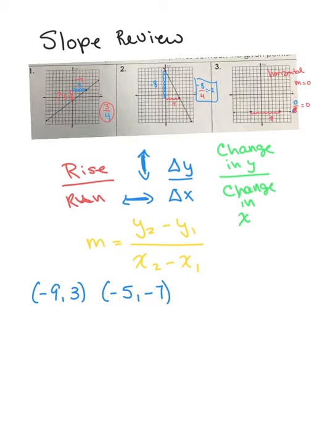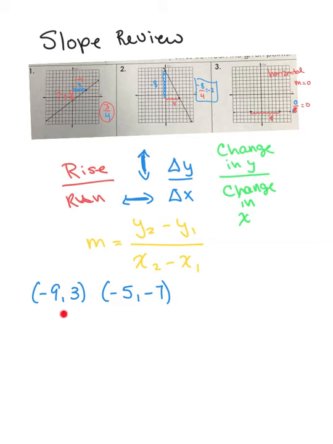Usually we're not given the graph to find the slope. We're given 2 points. When we're given 2 points, we're going to use the formula, which has my change in y over my change in x. So I'm going to subtract my 2 y's, and I'm going to subtract my 2 x's. Now, it says x2 minus x1 and y2 minus y1.